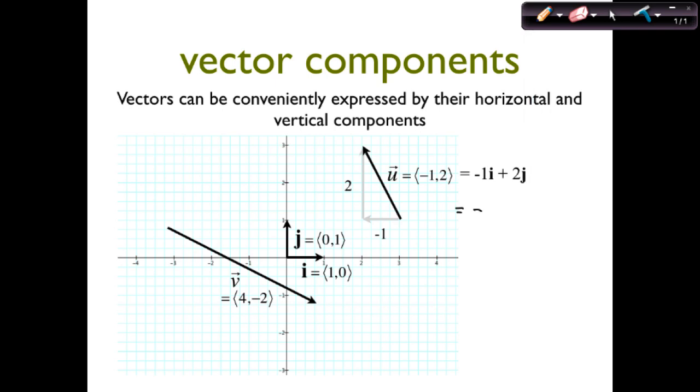Because it'd be -1 times <1, 0> plus 2 times <0, 1>. -1 times <1, 0> is <-1, 0>. 2 times <0, 1> is <0, 2>. And so here's the beauty of having vector components.